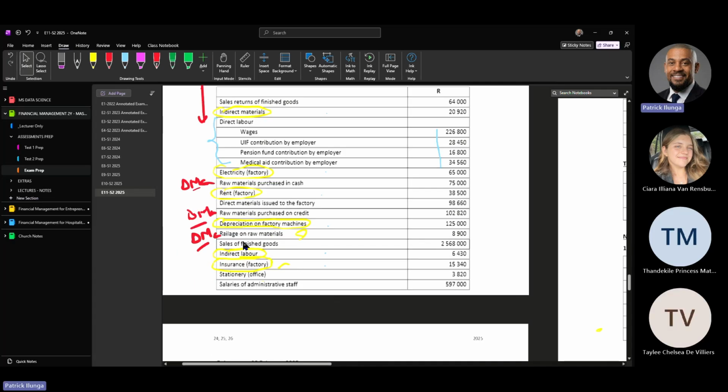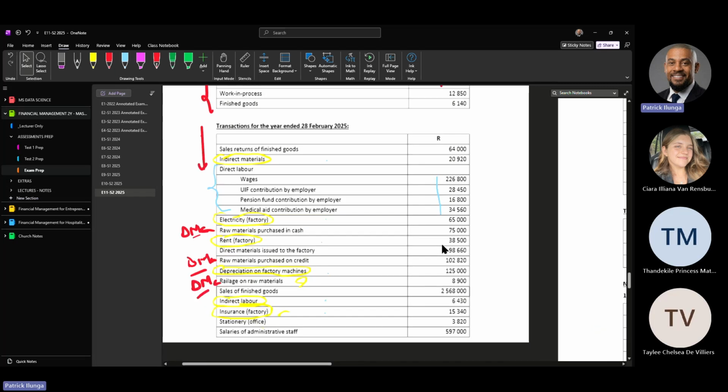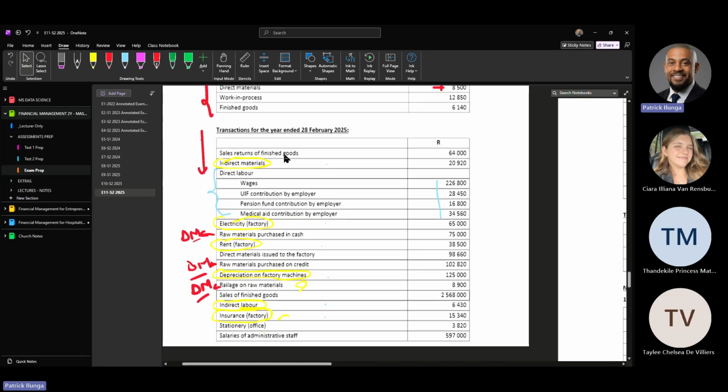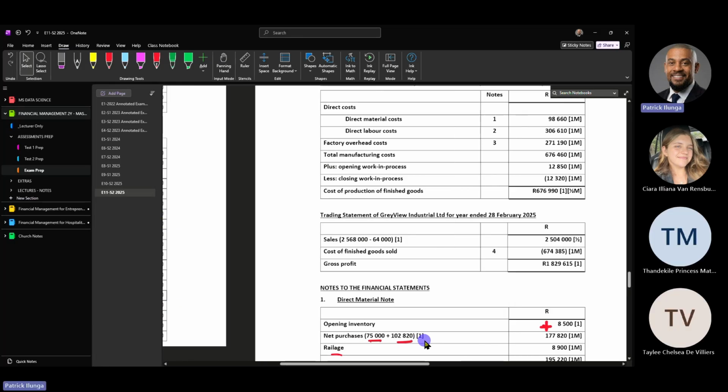Look here, they provide you with the total sales. Sales for the finished good is this amount. But they also provide you sales return. Keep in mind, sales minus sales return will give you the net sales, right? So you'll always need to know that. And if you've been through the entire semester, you know how to make the distinction. You're not going to be lost in the exam.